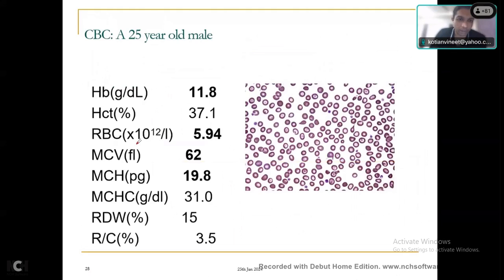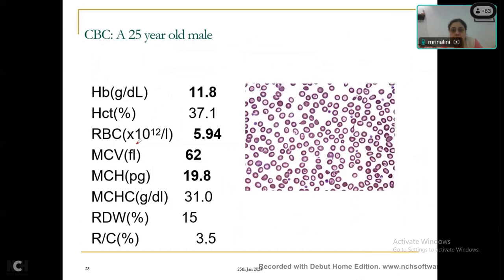Obviously, for gender and age, the hemoglobin is decreased. Hematocrit seems fine. The RBC count is increased and MCV is reduced. So it's a microcytic picture, and MCH is also reduced. MCHC and RDW seem to be fine. So there is minimal poikilocytosis.